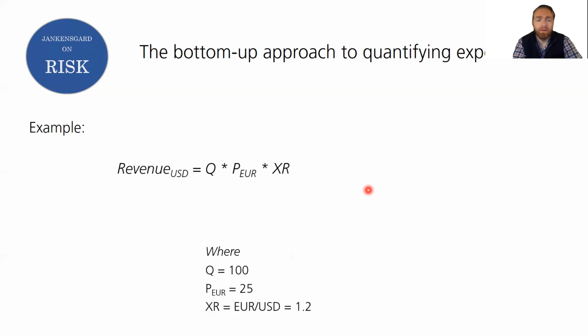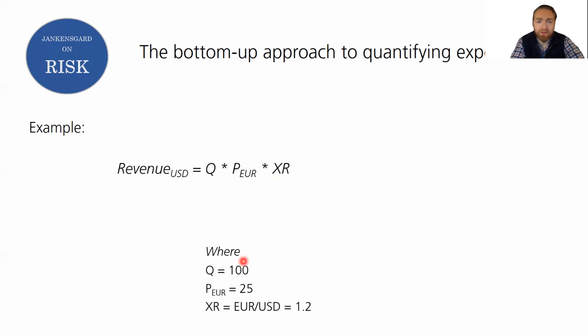So if we take an example here, we're talking about a US-based company looking at some revenue. They may have exports to the Eurozone or some subsidiary active in that area. So the price is understood as denominated in euros.